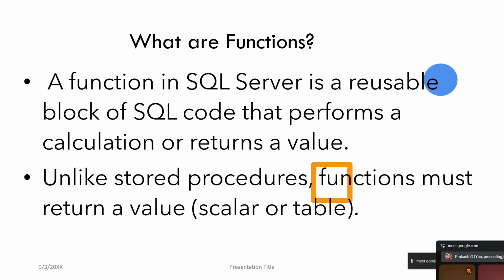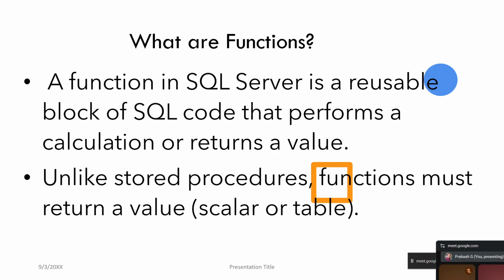The major difference between stored procedure and function is that a function must return a value. It can be scalar or table. Scalar means a single value it may return, or it may return a table completely. Table means a set of rows. But when it comes to stored procedure, it is not mandatory.